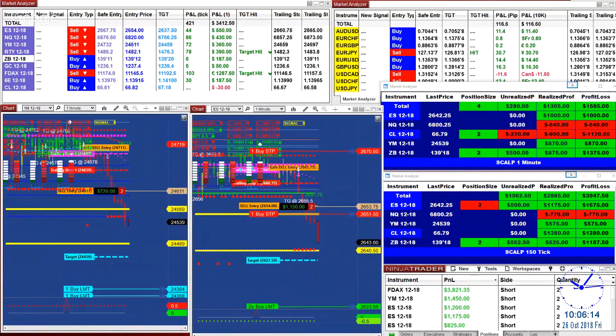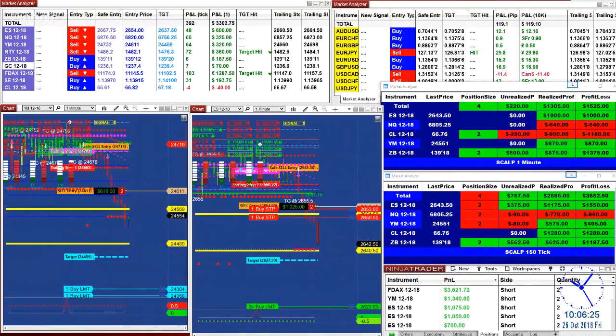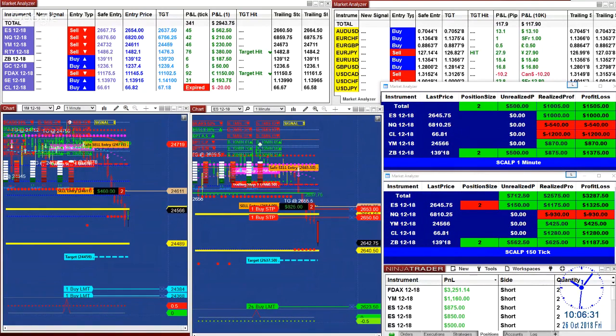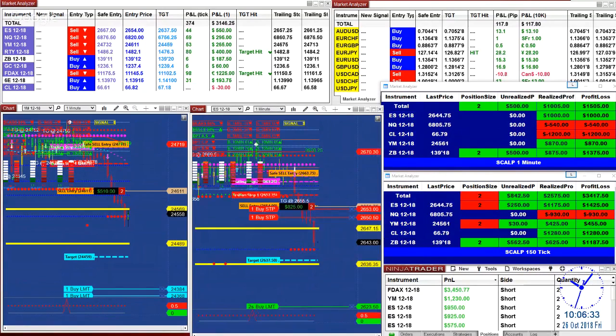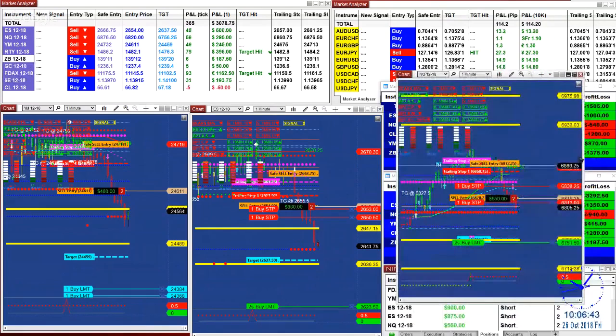Also, we have the Nasdaq. We have the Nasdaq also 530.